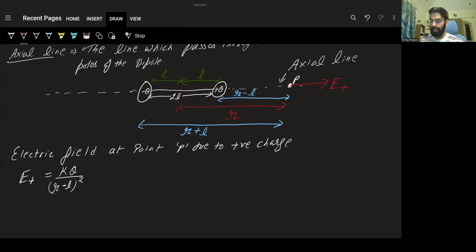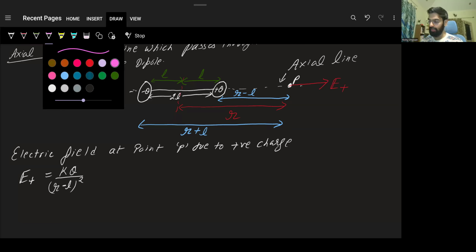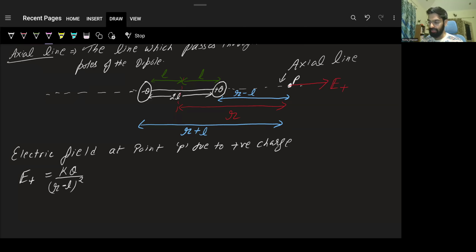On the other hand, to see the direction for the negative charge, because it is negative, it will attract. E negative is the electric field at point P due to the negative charge.